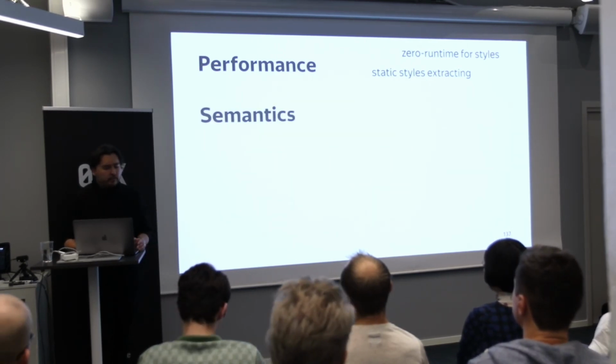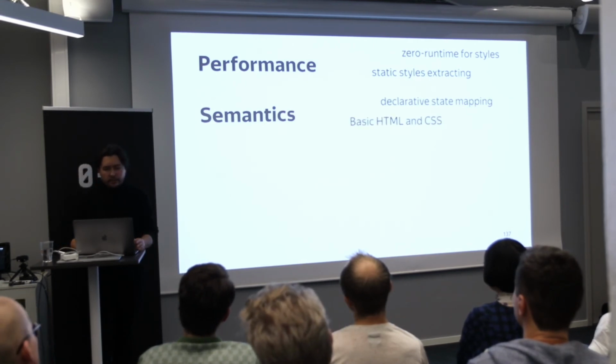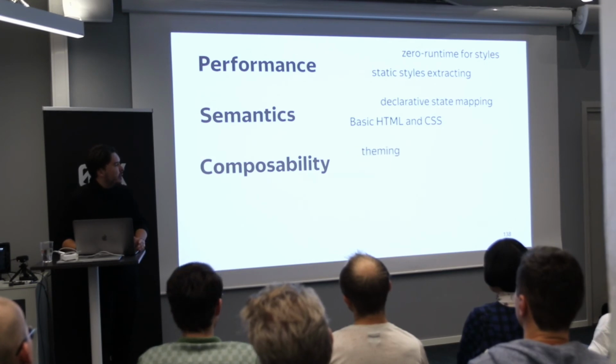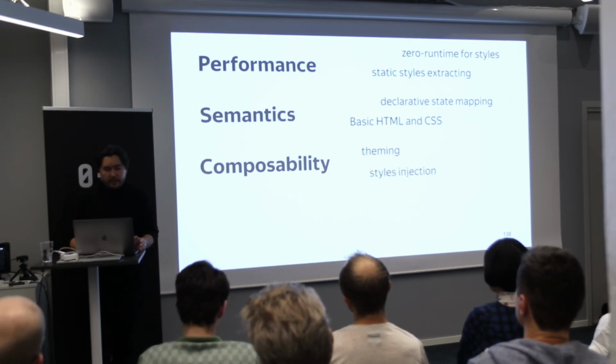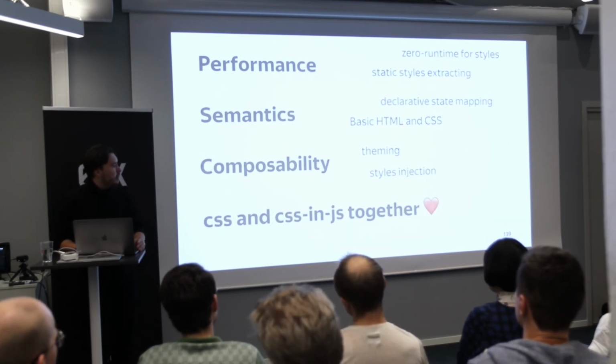As I said, there are some benefits with semantics, and you can just write your HTML and CSS as you prefer, and you can compose your styles on different themes, and you can inject your styles, for example, for experiments, but you can omit this function because sometimes you don't need that too. And we try to combine the benefits of CSS and CSS together.